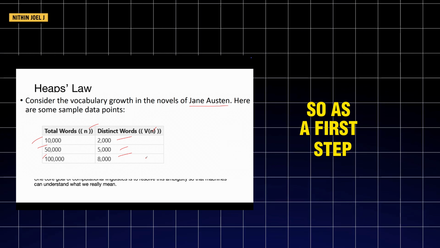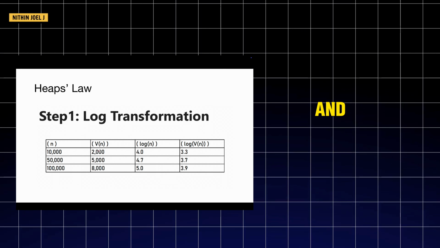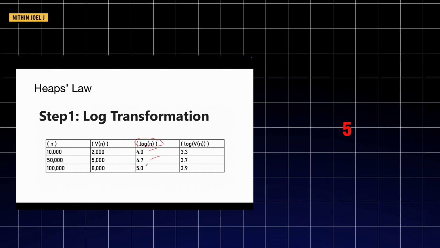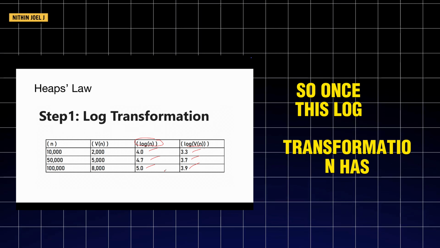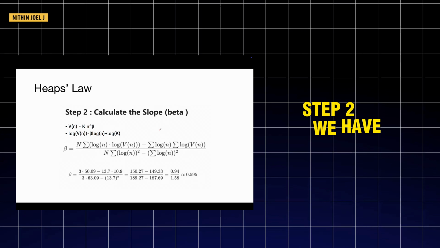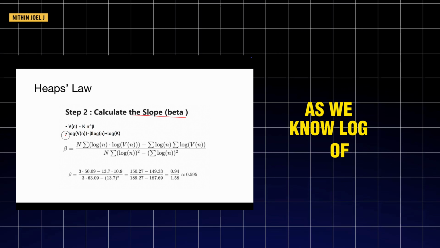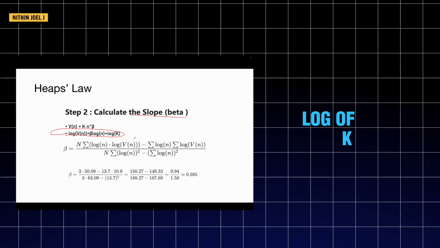As a first step, we have to find log of n and log of V(n). Log of 10,000 is 4, log of 50,000 is 4.7, and log of 1 lakh is 5, and log of V(n) is 3.3, 3.7, and 3.9. Once this log transformation has been done, step 2, we calculate the slope, which is beta. As we know, log V(n) = beta × log n + log k.